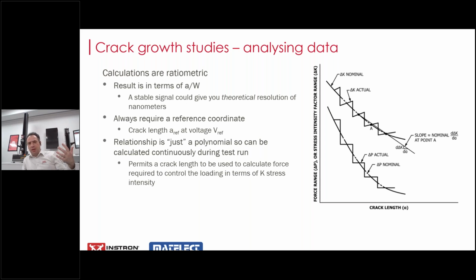What realistically happens is that for a long while we would do steps, a certain amount of crack growth and step down. The nice thing about calculating with every cycle, and with an update rate of 10 or 20 cycles on your potential drop data, is that those steps become incredibly small and you can actually achieve a much smoother load shedding behavior.